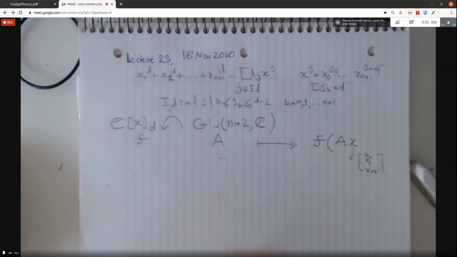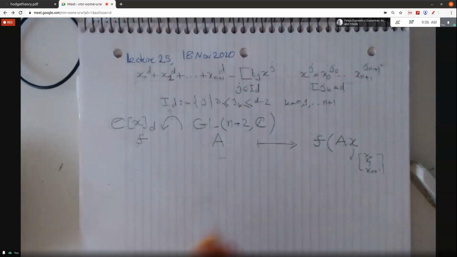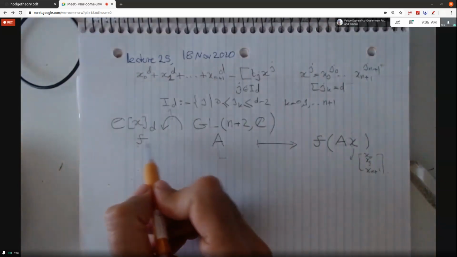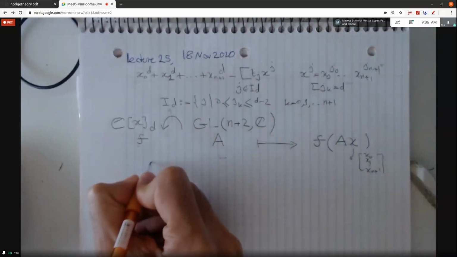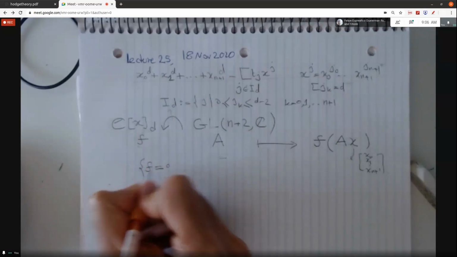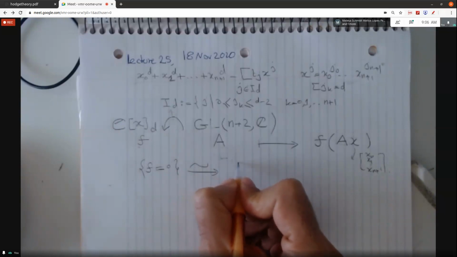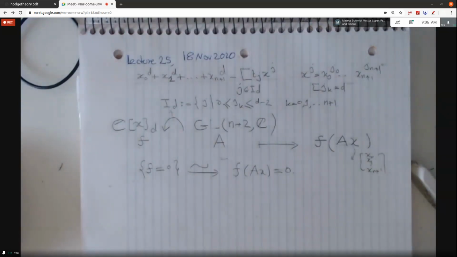So A acts linearly on x, and then you evaluate f again here. At the end of the day, the hypersurface given by f equal to 0 is isomorphic to the hypersurface given by this action, f(Ax) equal to 0. So they are the same hypersurfaces.